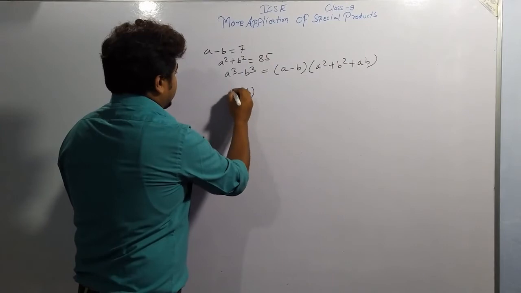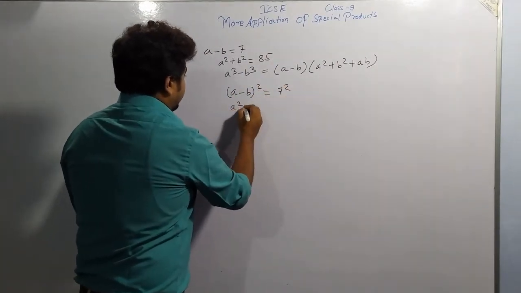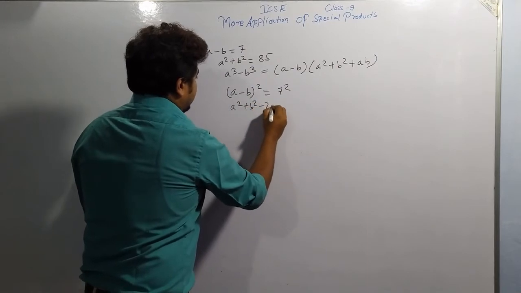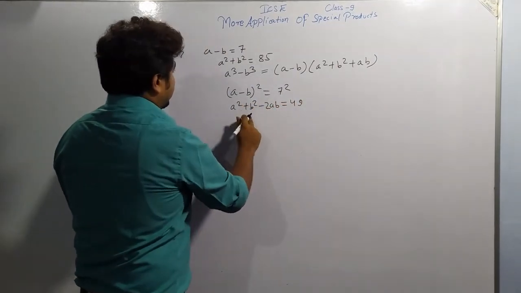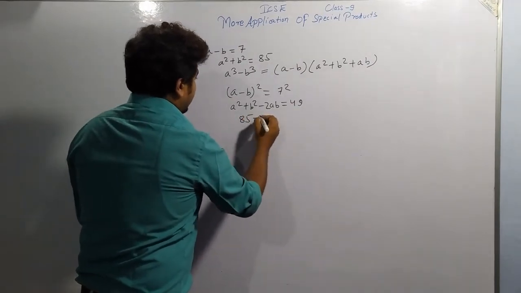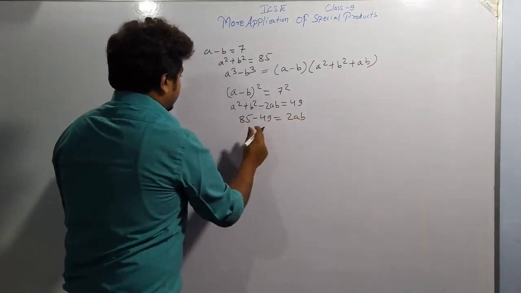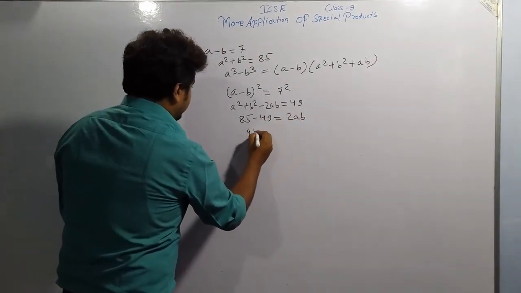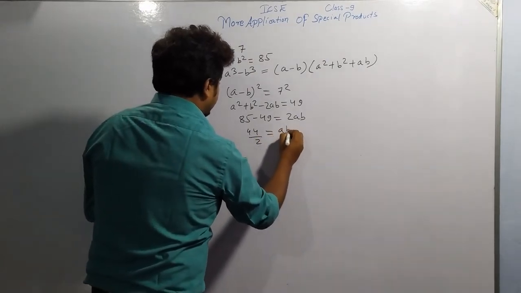If we do A minus B whole square, we'll be getting 7 square. A square plus B square minus 2AB equal to 49. So A square plus B square is 85, and this value minus 49 is equal to 2AB. So this is 44 by 2 is equal to AB.